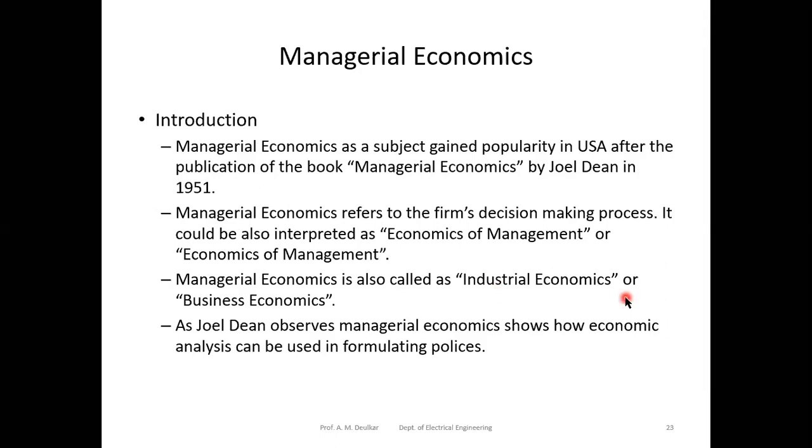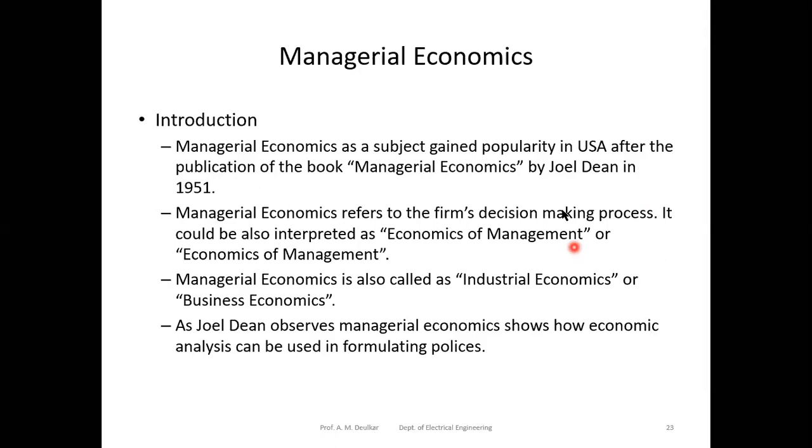How? Because the management of a firm can be considered as a committee or group of people who takes the decision for a certain firm to produce some goods or services.